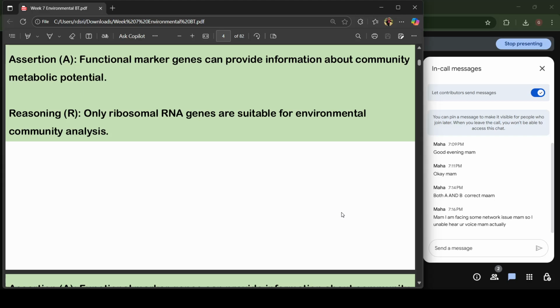The genes which are finally translated into protein we call functional marker genes. We can usually find them using RNA analysis, and they provide information about the community metabolic potential. What is the metabolic potential of the entire community present? What kind of substrates they can utilize and what kind of products they will be able to produce? That is the metabolic potential.